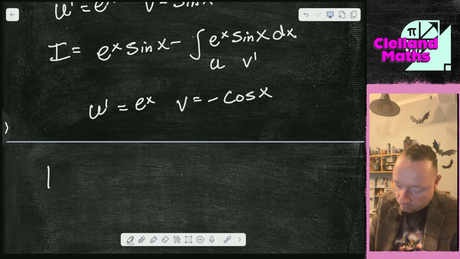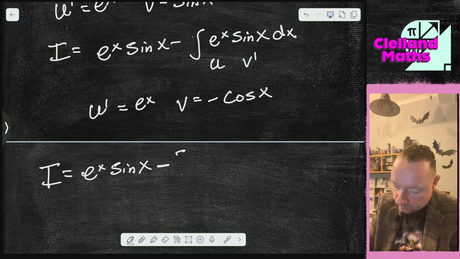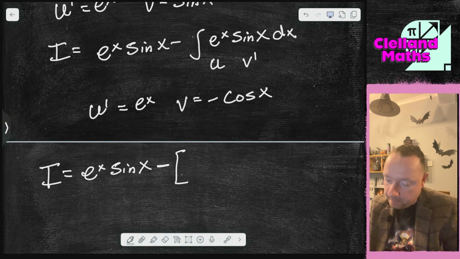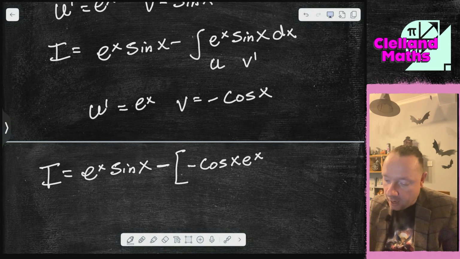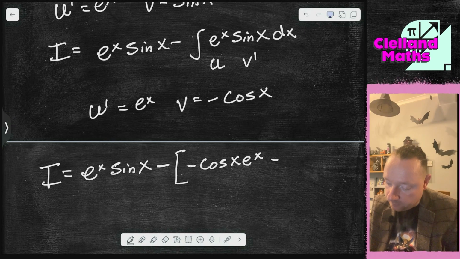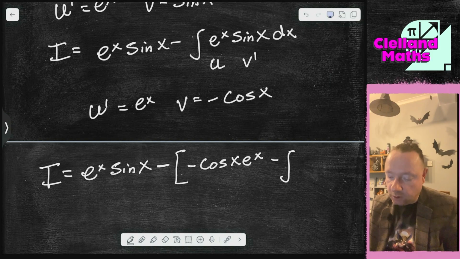So that means that my integral now becomes e to the x sine x minus u times v. So uv is minus cos x e to the x, minus the integral of vu dash.